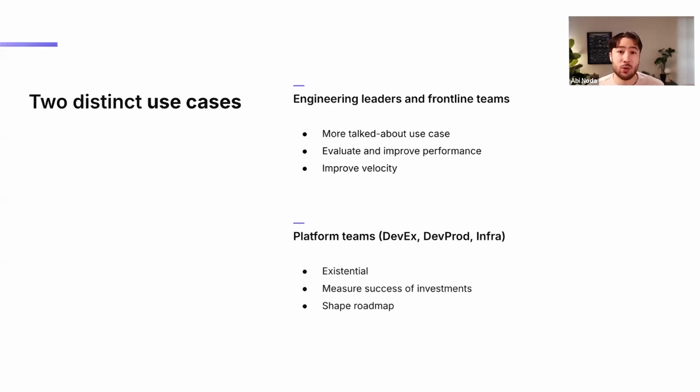And another way these two use cases intersect is that it's always best if both are aligned around the same set of core metrics. This was one of the main goals of the Core Four, to bring these two lenses together. The reason that's so important is that if the CFO and CTO are thinking about engineering productivity through one set of metrics and one lens, and enablement and infra are looking at the problem through a different lens, there's a disconnect.